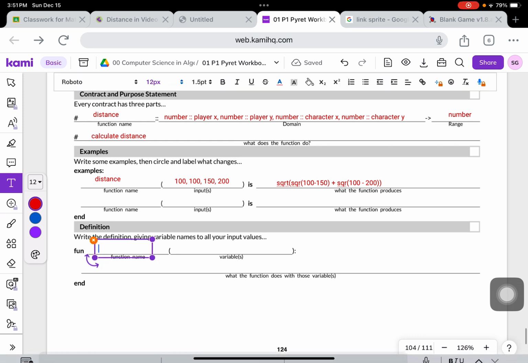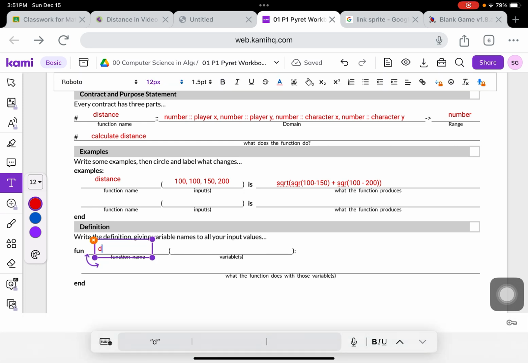So let's write our definition. So it's going to be distance, and then we're given px, py, cx, and cy.